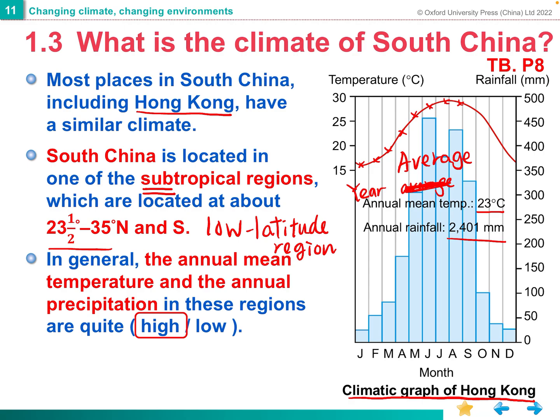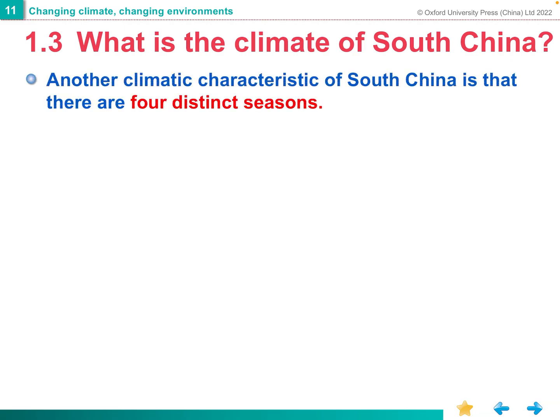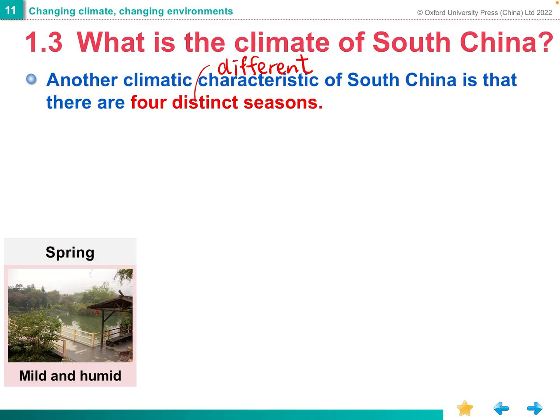Now let's see some characteristics of different seasons, not difficult. Same page, below. So in South China, we can have 4 distinct, 4 different seasons. Write down 4 different seasons.